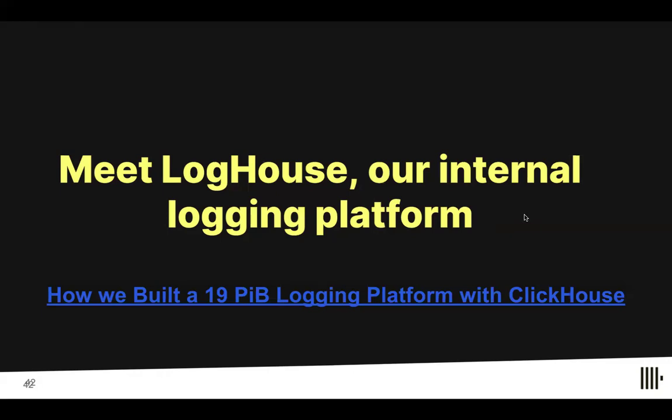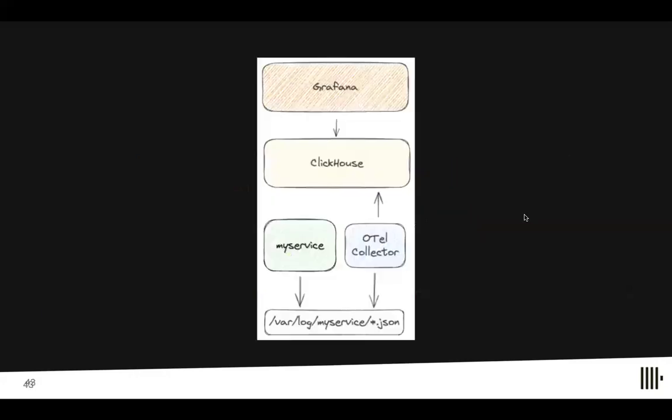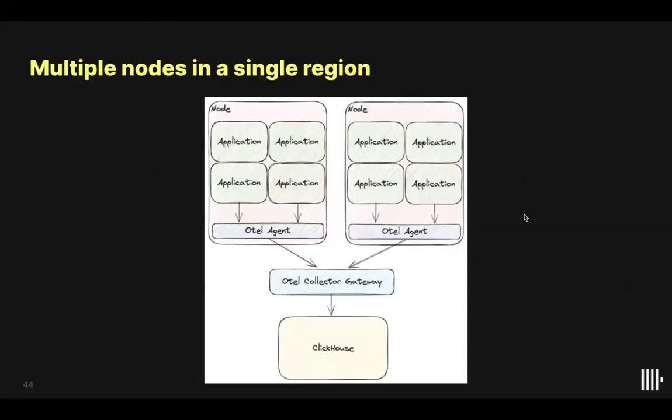We built it on ClickHouse, so there's a backend data store. So we started from this trivial setup, right? We picked our components exactly the way we just went over it, and then we started to scale it up.